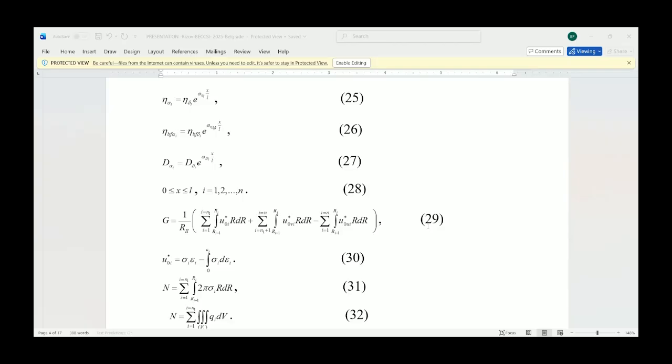The strains are determined from equations which are analogical to equation number 31. The axial force in the cross section of the external crack arm behind the crack front is found by integrating the distributed loading in the volume of the layers of this crack arm. The axial force in the rod cross section ahead of the crack front is found by summing the axial forces in the two crack arms.